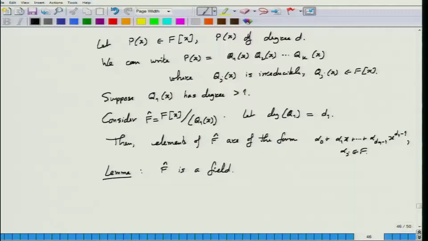Take any polynomial that is not a multiple of Q1, its GCD with Q1 will be 1 because Q1 is irreducible, which means this principal ideal generated by Q1 is maximal. And so F hat is a field.